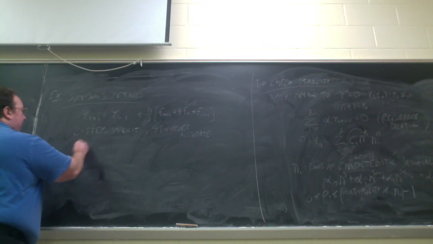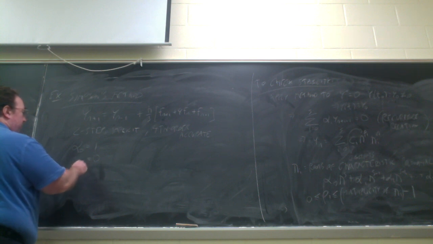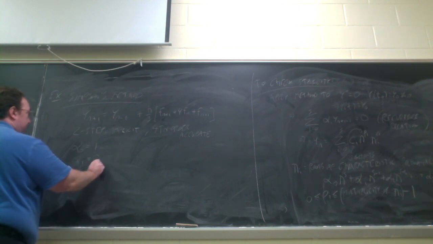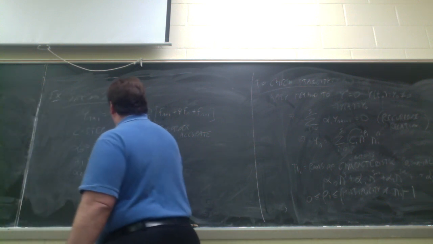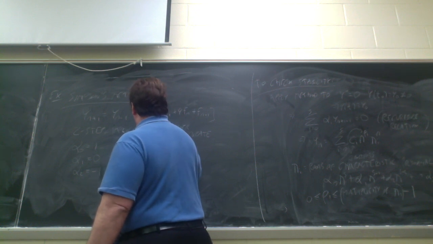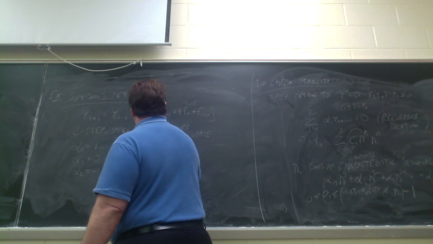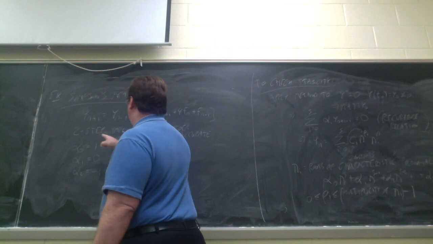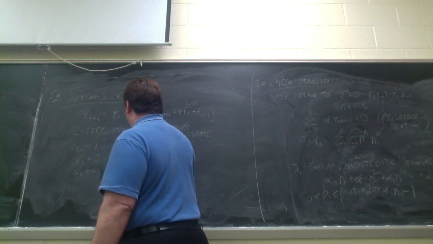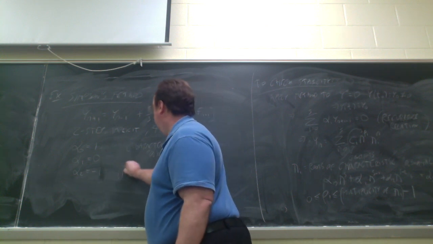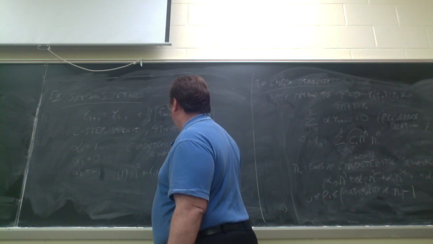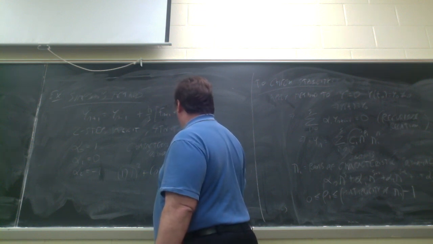Now, for the characteristic polynomial, we have alpha 0 is equal to 1 as usual. Alpha 1 is 0, because that's the coefficient of y sub n. Alpha 2 is equal to minus 1, and then there are no other alphas. So your characteristic polynomial, since it's a two-step method, is a quadratic: 1 times lambda squared plus 0 times lambda to the first plus minus 1 times lambda to the 0.